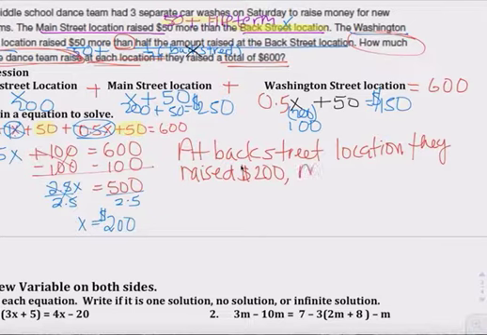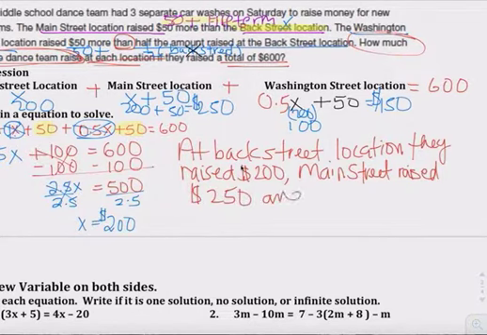Main Street location raised $250, and Washington raised $150.